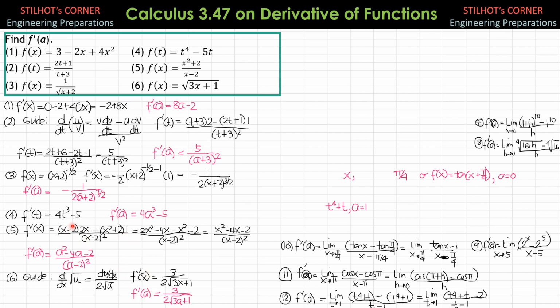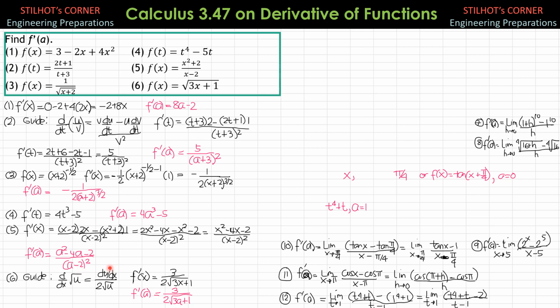Simplifying, 2x squared minus 4x minus x squared minus 2 all over x minus 2 quantity squares. Combining like terms, 2x squared minus x squared is x squared. Then negative 4x, negative 2 all over x minus 2 quantity square. Replacing x by a, so f prime of a is a squared minus 4a minus 2 over quantity a minus 2 square.